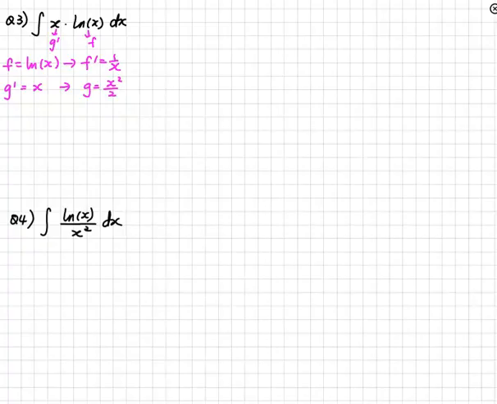Now we're going to substitute into the integration by parts formula. So start with fg, so that is x squared on 2 times ln x minus integration of f dash, which is 1 on x, times g dx.